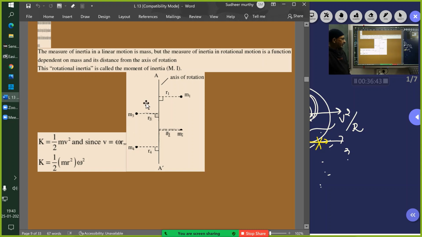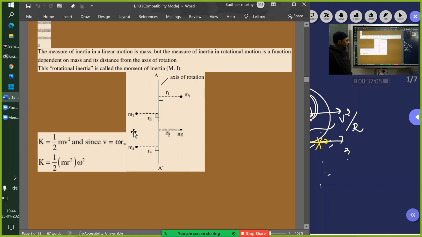Therefore, if all these particles are attached to this rod, which cannot rotate, then the total rotational inertia will be equal to m1 r1 square plus m2 r2 square plus m3 r3 square plus m4 r4 square, that is, summation mi ri square.